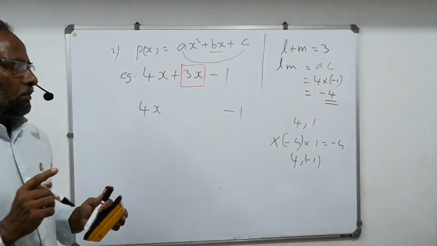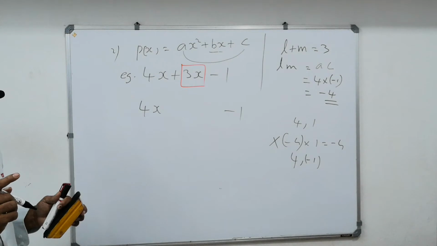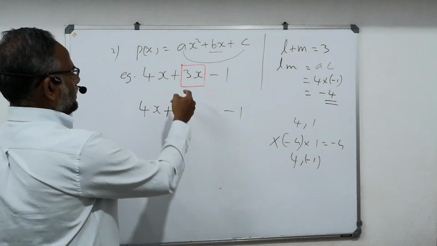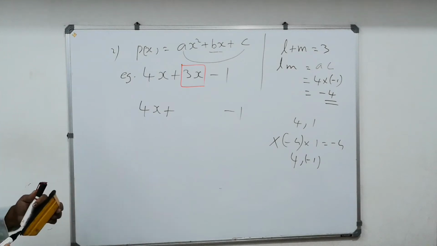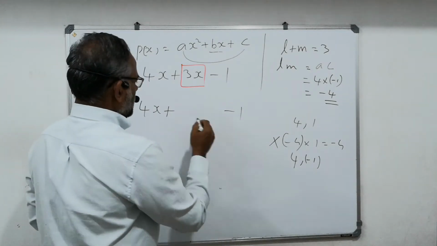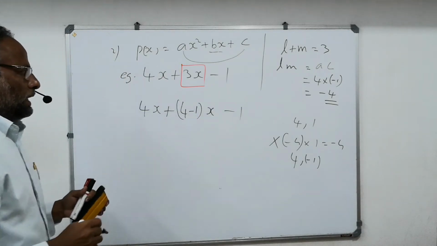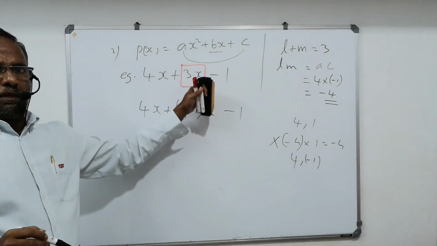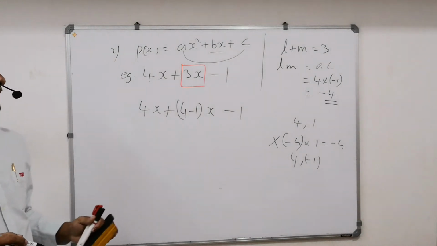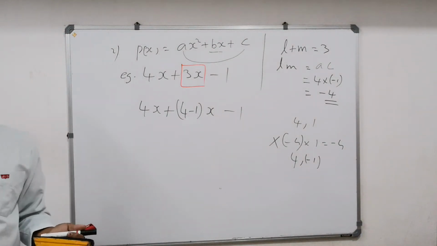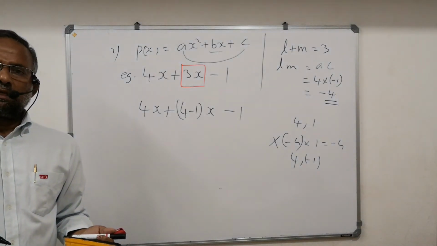Now, 4 and minus 1. 4 minus 1 is 3. Okay, so we can do here 3x. That is equal to 4 minus 1 x. Exactly, that is 3x. Same thing, we are splitting only, not a different way. 5 means 10 minus 5 is 5, then 2 plus 3 is 5.